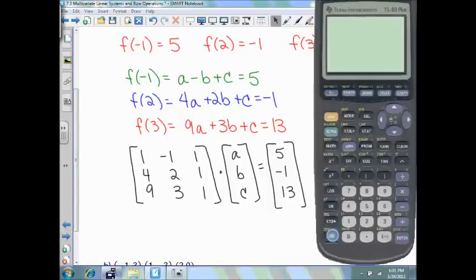So we're going to put these into our calculator. It is a 3 by 3 matrix, so let's enter that, and also edit matrix B right away. This again is a 3 by 1.